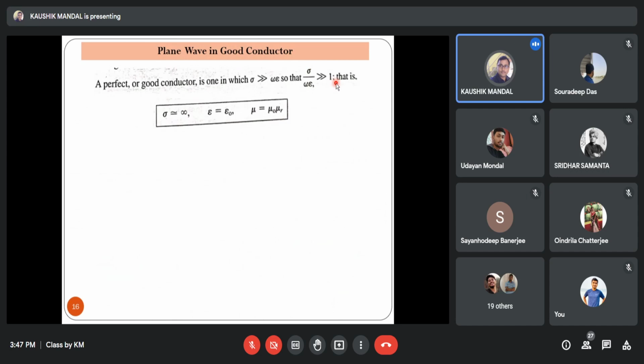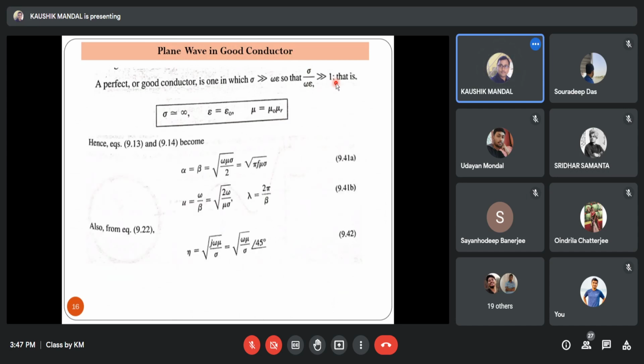These are the conditions for a good conductor. So from the basic equations of alpha and beta, we have to calculate the values of alpha and beta, the velocity of the wave, and the corresponding wavelength. Okay.